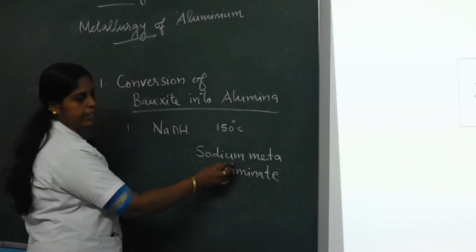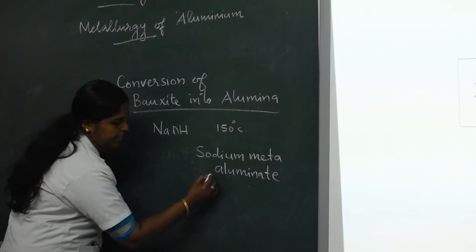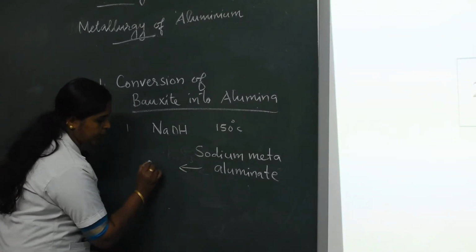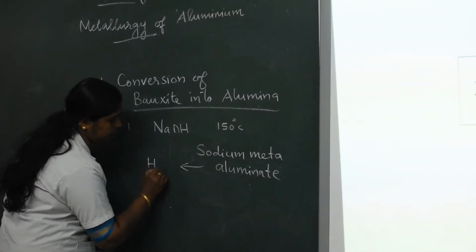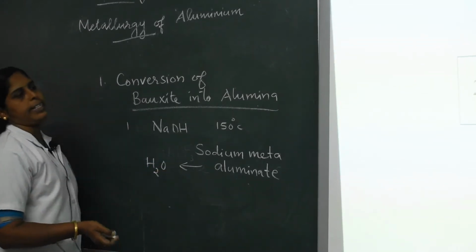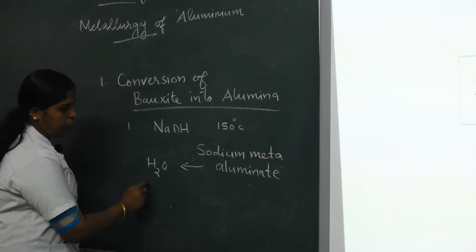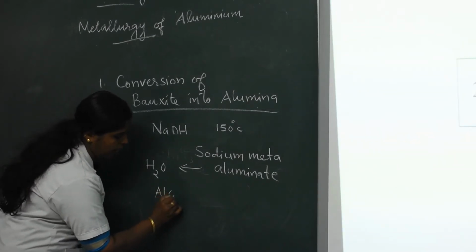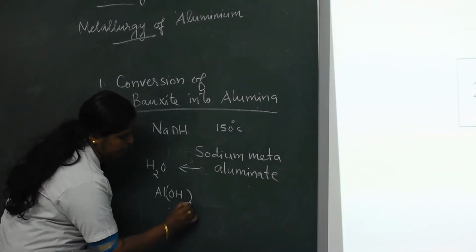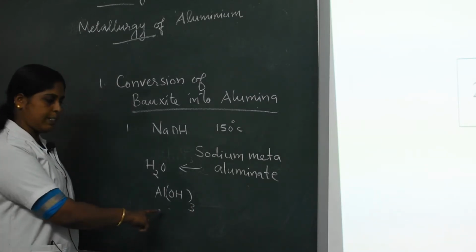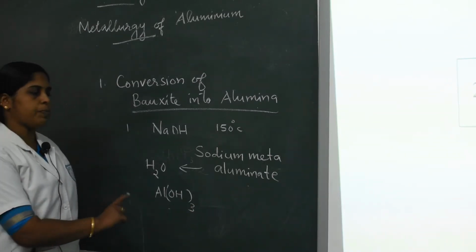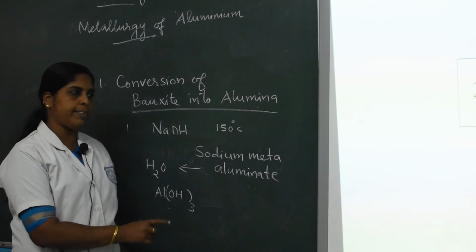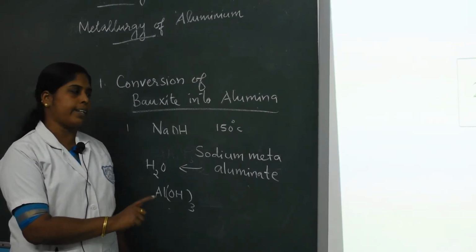This sodium meta-aluminate is next treated with or mixed with water. Then aluminium hydroxide, Al(OH)3, is formed at the surface as a precipitate. This precipitate is filtered, washed and dried.